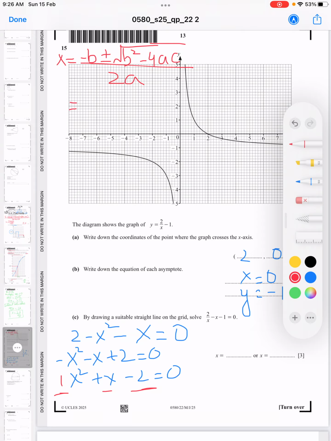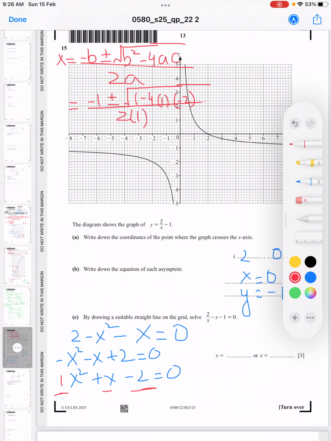So this comes out to be minus 1 plus minus square root of b square, that is 1, minus 4 a, and c is minus 2, divided by 2a.